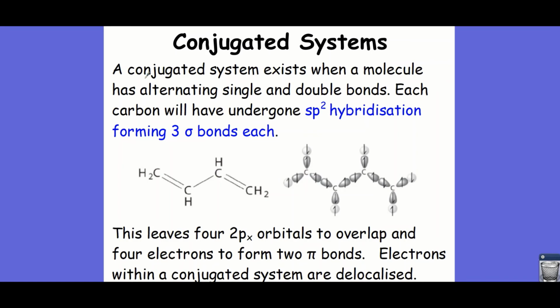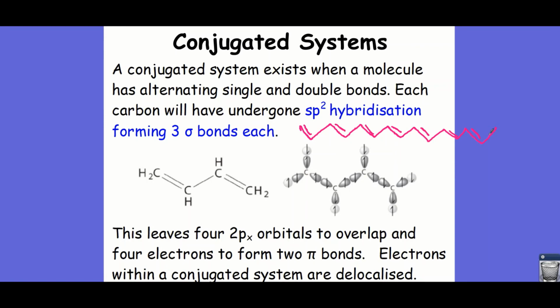We're going to start by looking at the idea of a conjugated system. A conjugated system is actually quite simple, and really simple to identify. It is just a carbon chain that has alternating single and double bonds. If we draw the skeletal structure of a carbon chain here, we have double bond, single bond, double, single, double, single, and so on.